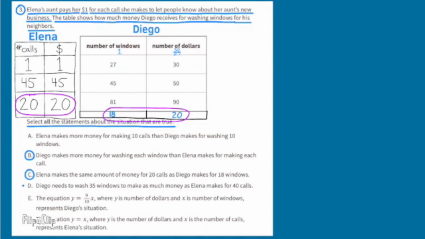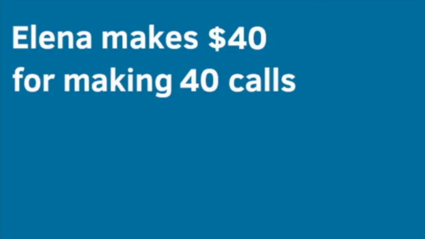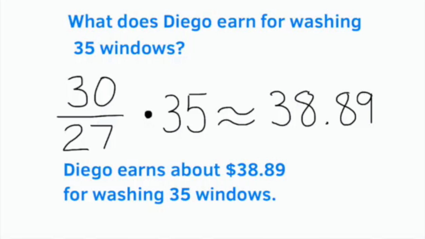Statement D. Diego needs to wash 35 windows to make as much money as Elena makes for 40 phone calls. Elena makes $40 for making 40 phone calls. What does Diego earn for washing 35 windows? Diego gets paid 30 over 27 per window. So 30 over 27 times 35 equals approximately $38.89.